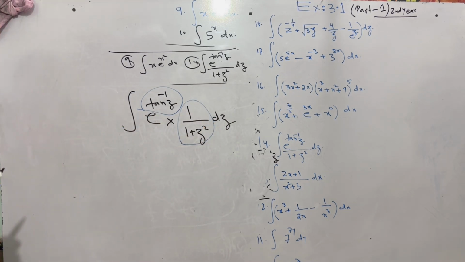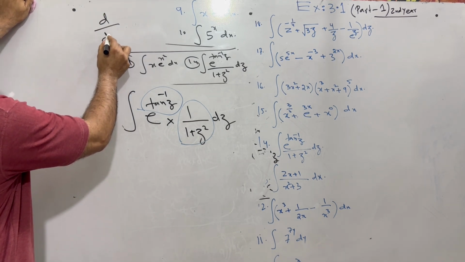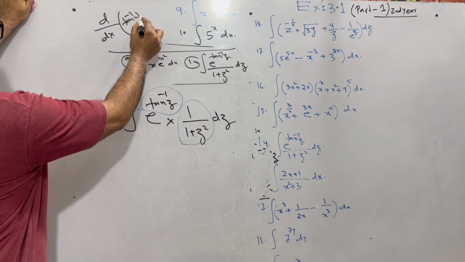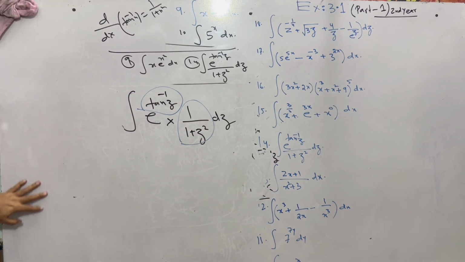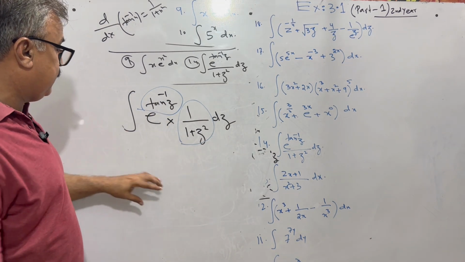Differentiation of tan inverse x is 1 over 1 plus x square. We are familiar with that. So there is tan inverse z, our function, and it's our derivative.